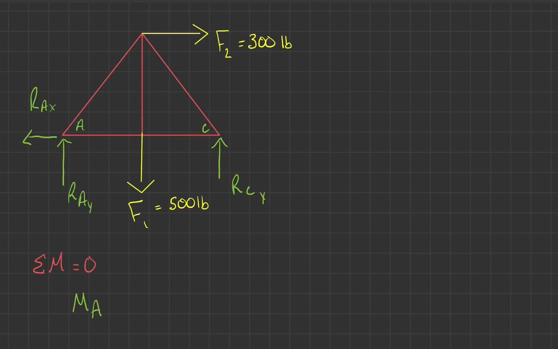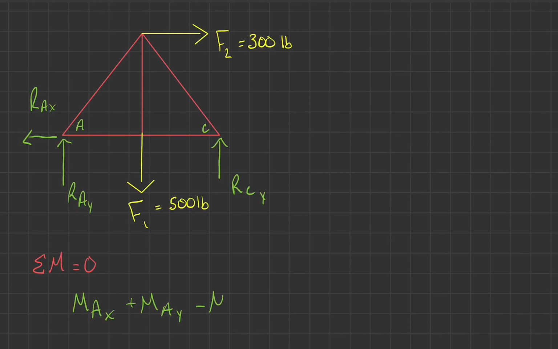moment at A caused by the X component. You would have the moment at A caused by the Y component. You would have the moment caused by F1 about A, which looks like that's going to put us in a clockwise direction. So that one's going to be negative.